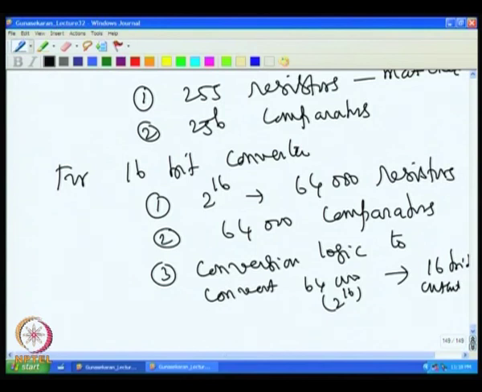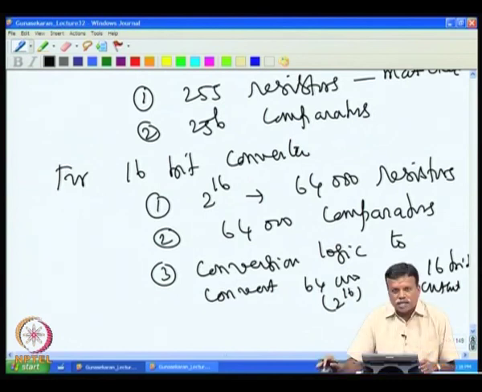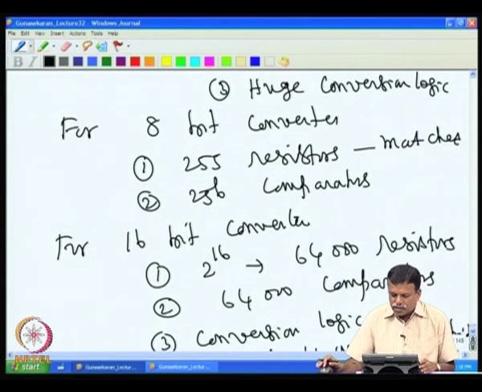So, there is no 16-bit converter available using 64,000 resistors, but we do have 8-bit converters available in flash type. Using 8-bit converters, one can make 16-bit converters with a small workaround technique, because putting in 64,000 equal resistors is almost practically impossible.